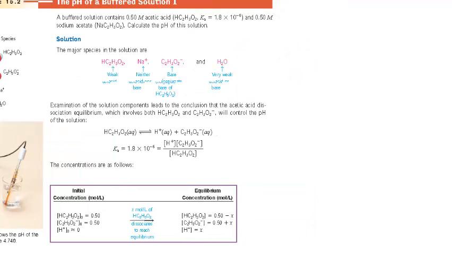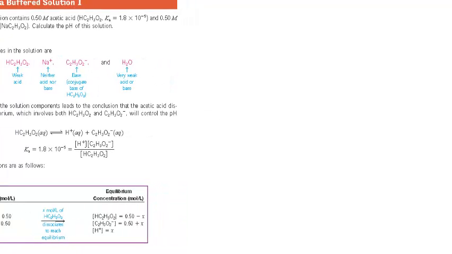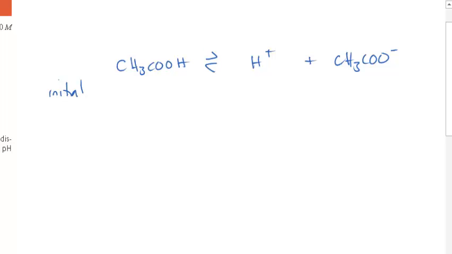So if we set up our equation, we have again our acetic acid chemical equation, which has hydronium, or H+, and the acetate. But this time we know the concentration of the acetate. So we're going to start off with the initial, the change, and the equilibrium.